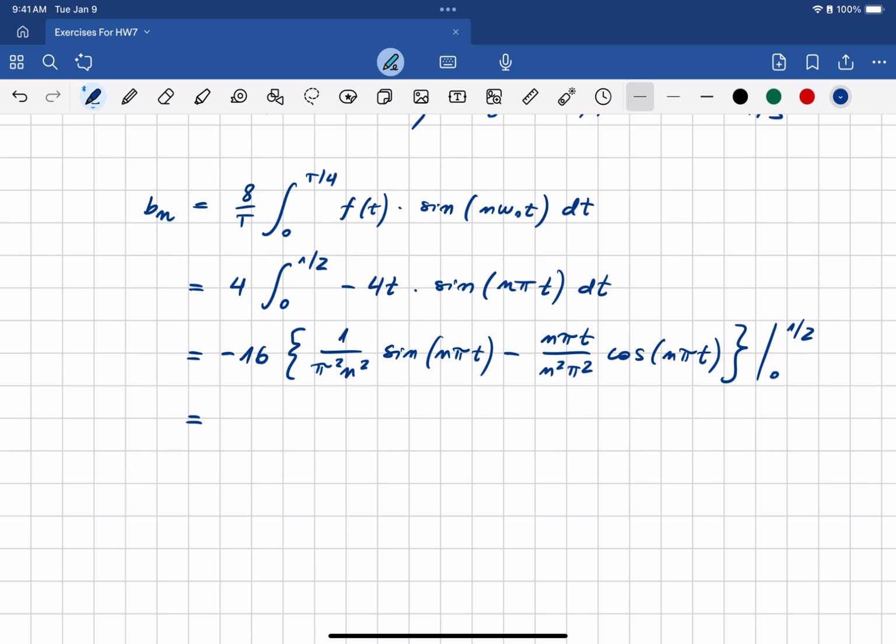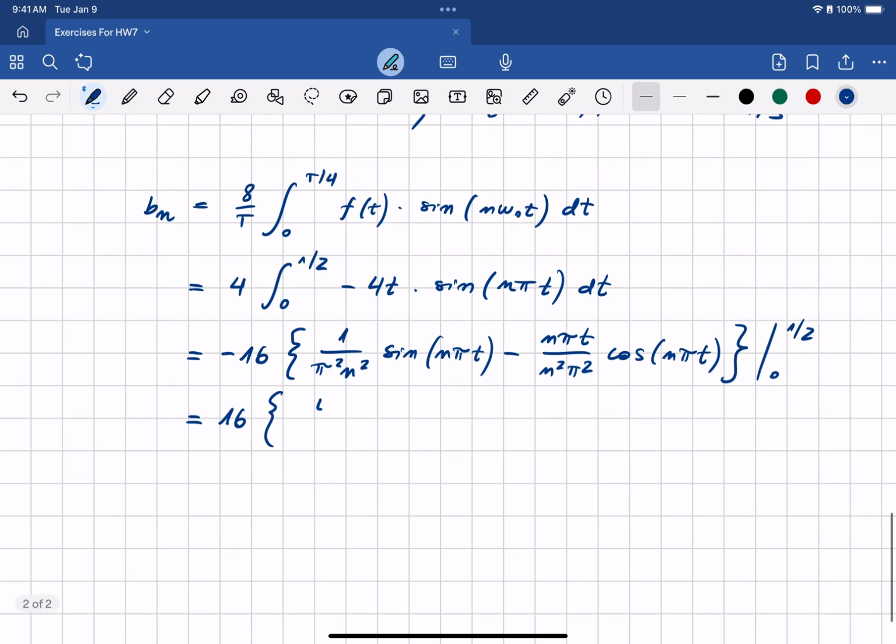Once we have that, we can reorganize everything, get rid of the additional terms, and we're going to get here, let's put cosine. So the minus sign, let's move it inside to make it simpler here. 16, so the term with the cosine, the n pi is going to get rid of this too.